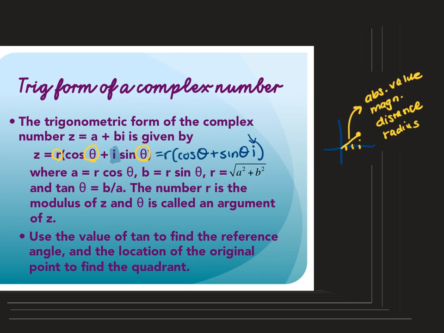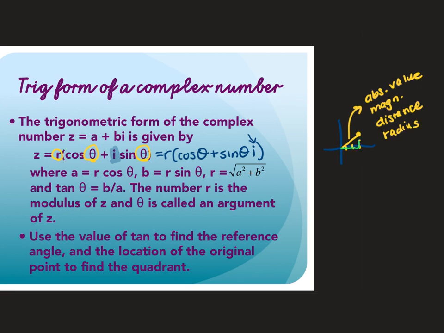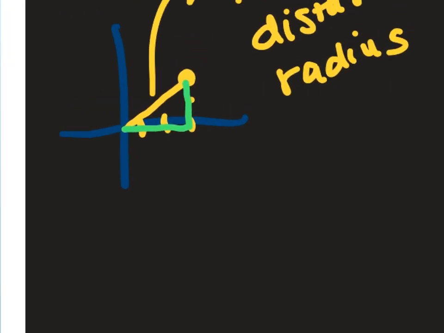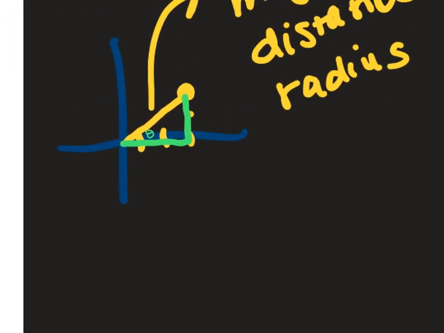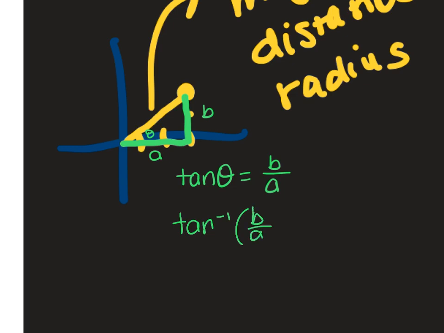And if you remember your trig functions, if I close this in as a triangle and I wanted to find the angle here being theta, this is my a value, this is my b value. So the tangent of theta would be b over a, and if I wanted to find that angle, I would do the tangent -1 of b over a, and that's going to give me theta.